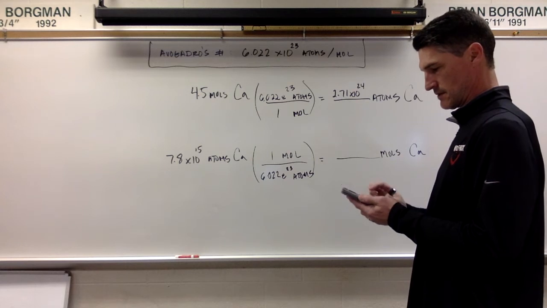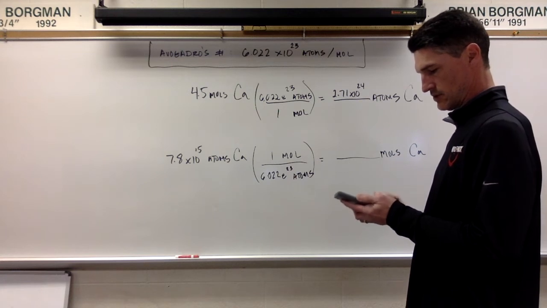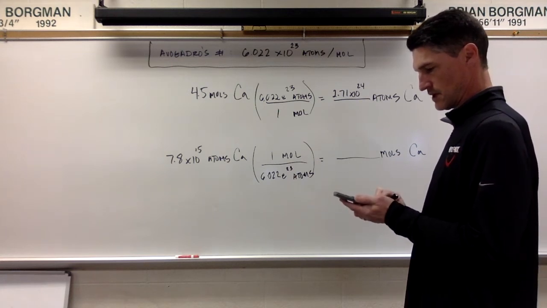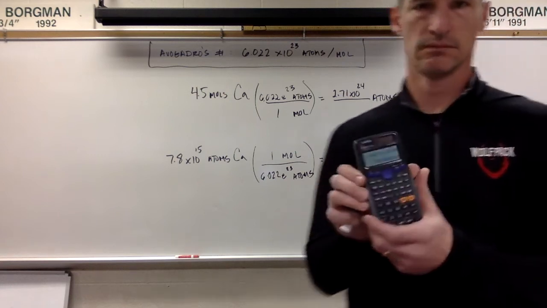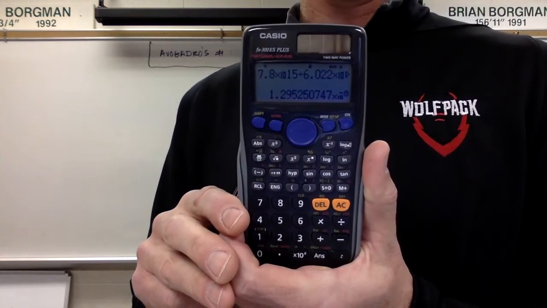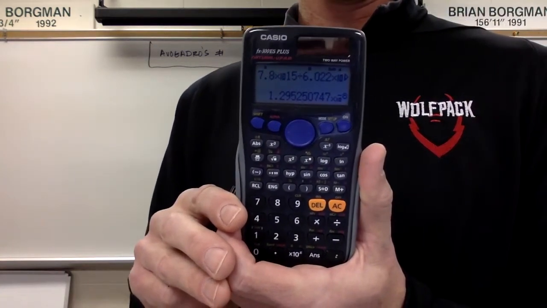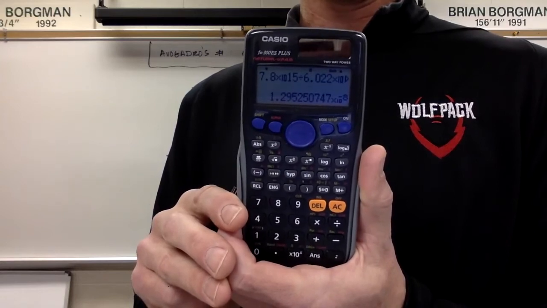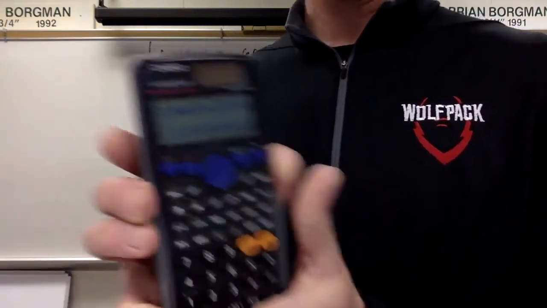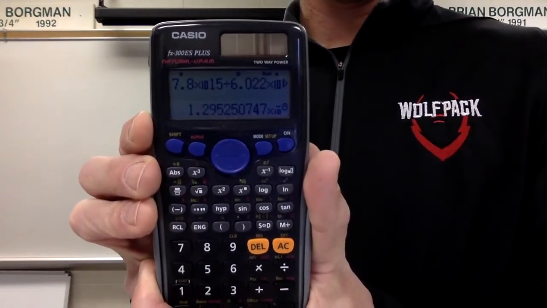I just shut my calculator off. 7.8 times 10 to the 15, divided by 6.022 times 10 to the 23rd, enter. That gives me 1.295 and so on, times 10 to the minus 8. You see that? So I'm going to round this up and call it 1.3 times 10 to the negative 8.